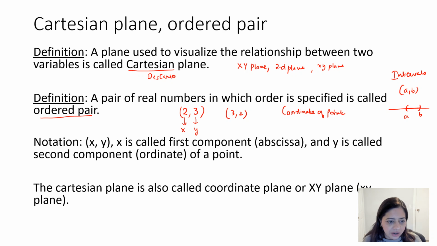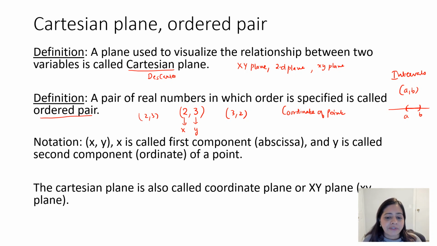But here, this (2, 3) does not mean the interval between 2 and 3 or the real numbers between 2 and 3. It refers to something else. We'll talk about what this refers to in a plane, but it's different than an interval. So you have to understand based on the context in which you are using it. Based on that, you have to decide whether it's an interval or an ordered pair.